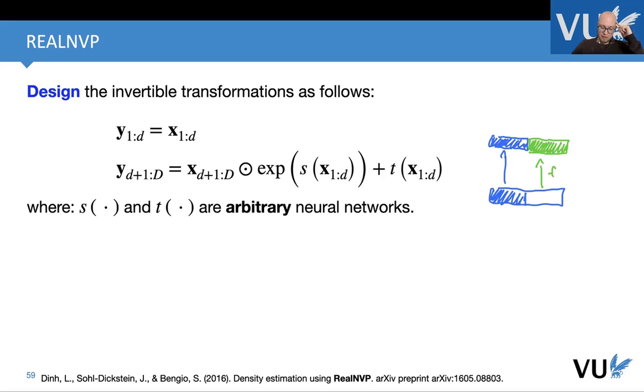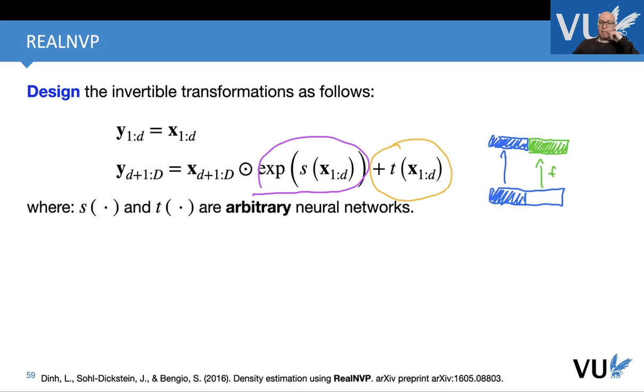And how do we define this transformation f here? It is the following. First, we just scale with S. We simply scale x, the remaining part, by this formula, and then we shift, translate using another part.